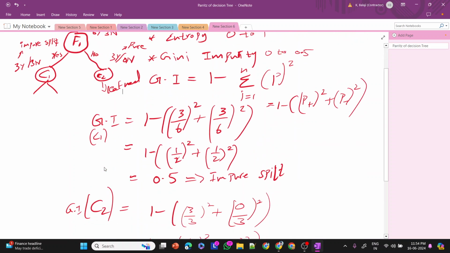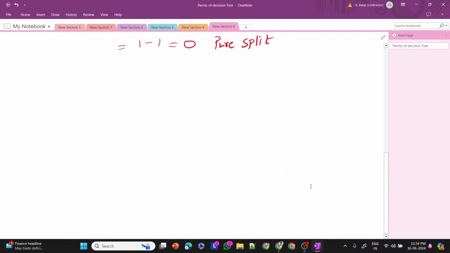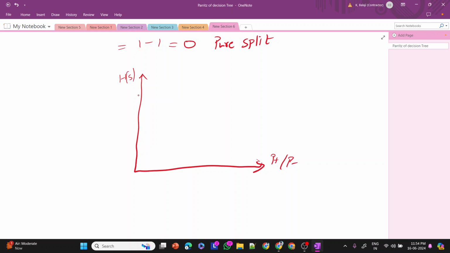We may have a doubt about what the difference is between entropy and Gini impurity. We can see this graphically in a 2D graph. This is the probability of plus and minus, and here is H of 1, and the value here is 0.